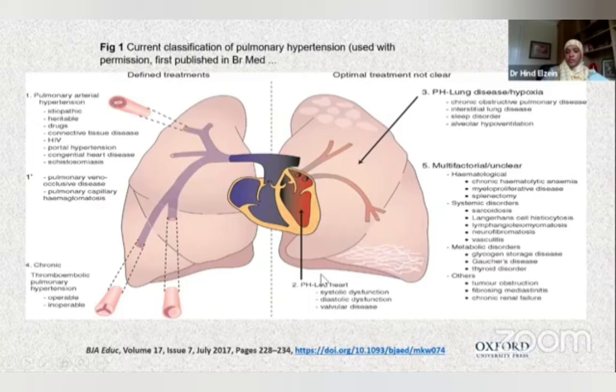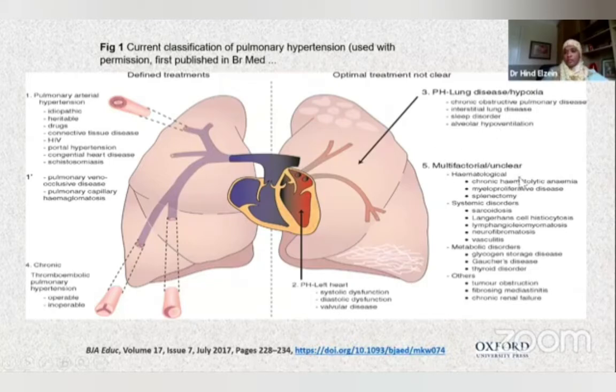We have group 2 as well, which is the pulmonary hypertension secondary to left heart disease, including valvular heart disease. Group 3, as we know, is pulmonary hypertension secondary to lung disease, including COPD, sleep apnea, and hypoventilation syndrome. Group 4, we talked about it, it's our case.